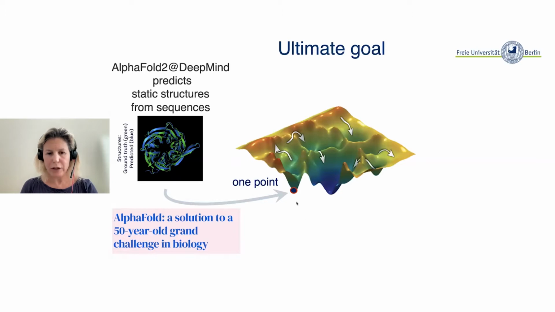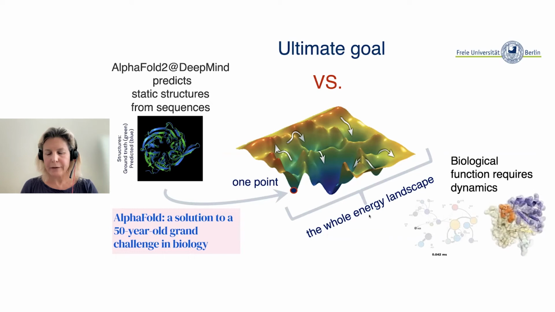If you believe in the thermodynamic hypothesis of protein folding, AlphaFold gives you the minimum of the free energy landscape. That is a very important point, but it's not the full landscape. It's just a point. What we would like to do instead is to have an idea of the whole energy landscape, because if we can get the full energy landscape, we can understand function.